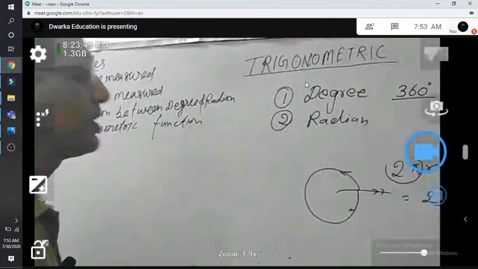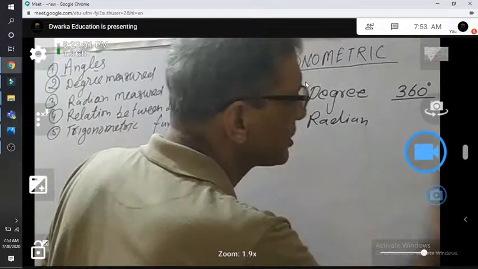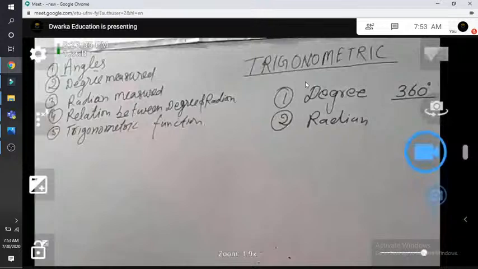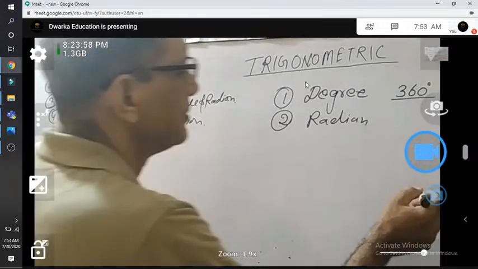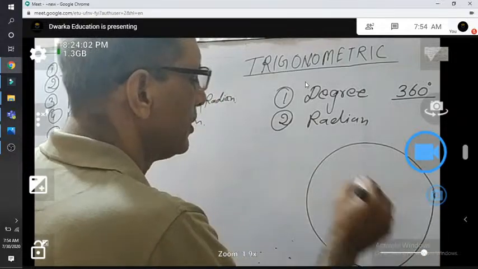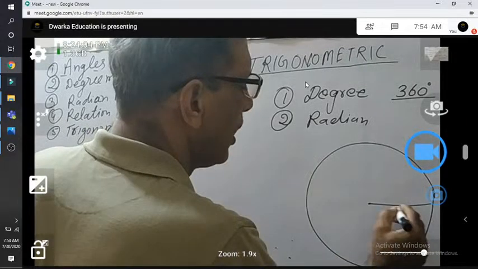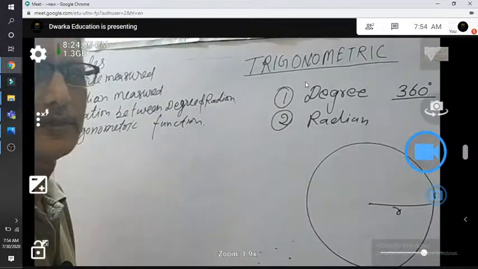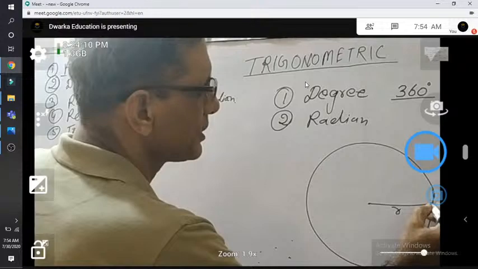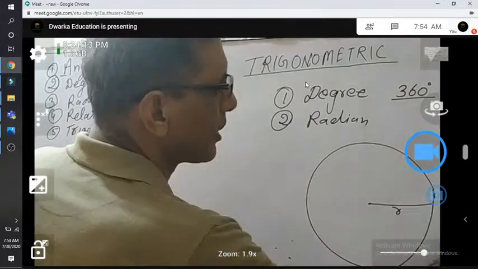But first of all, what is the relation to measure the radian? In a circle, if r is the radius of this circle, then circumference is equal to 2 pi r.